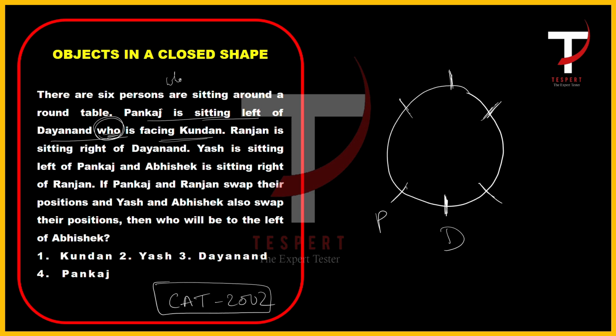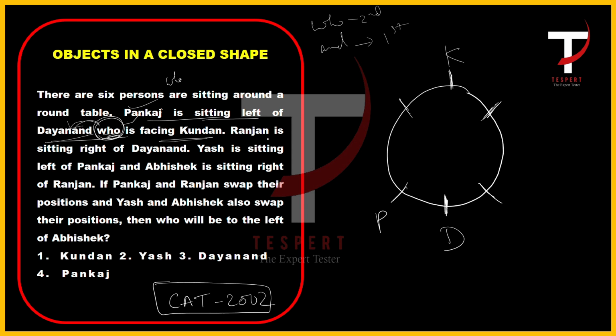Who refers to whom? Does who refer to Dayanand or to Pankaj? Who refers to the second person. Here Dayanand is the second person, Pankaj is the first person. So Dayanand is facing Kundan.